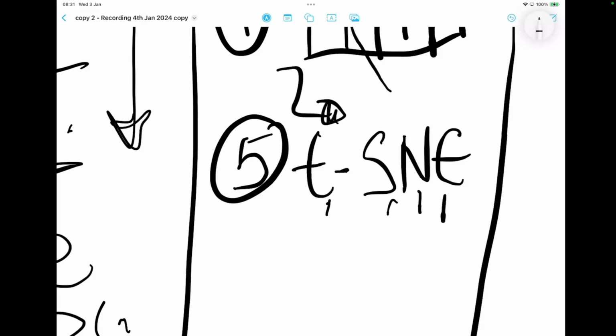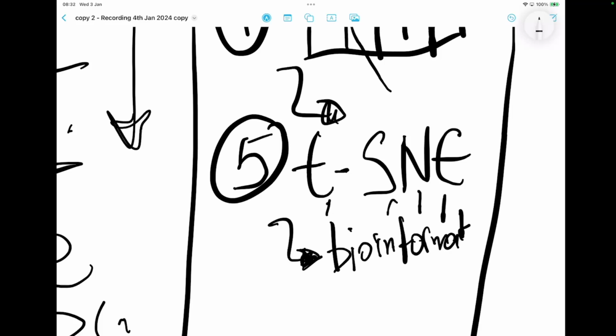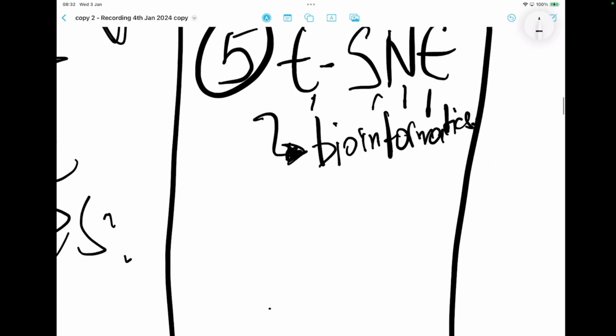It's a non-linear dimensionality reduction technique, ideal for visualizing, again, just if you want to visualize high dimensional data. What's the application? The application is data visualization, especially in bioinformatics. That would be the main application for t-SNE.